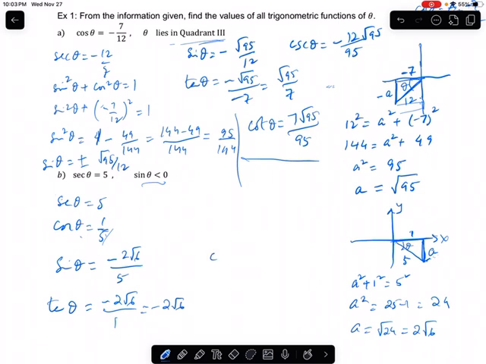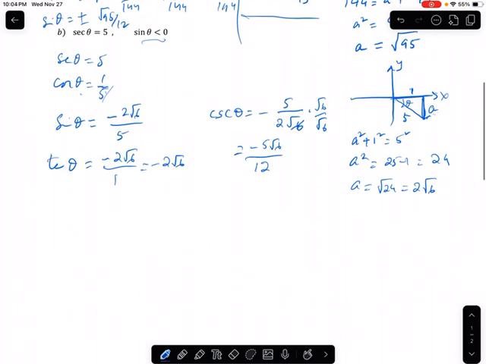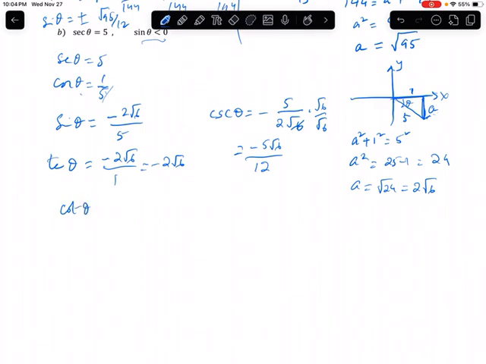Now we can write cosecant theta, which will be negative 5 over 2 square root of 6. To rationalize, multiply top and bottom by square root of 6, and we end up getting negative 5 square root of 6 over 2 times 6, which is 12. And then the last one is cotangent theta, which will be negative 1 over 2 root 6.